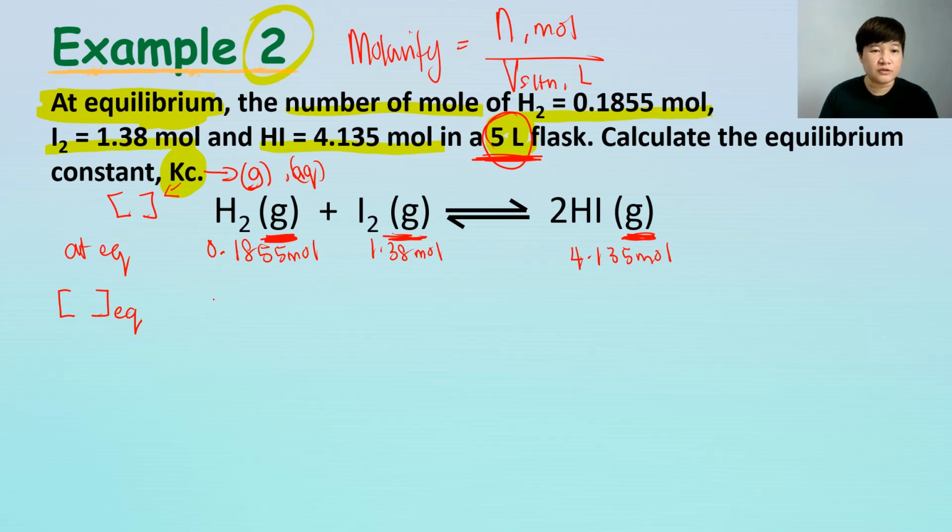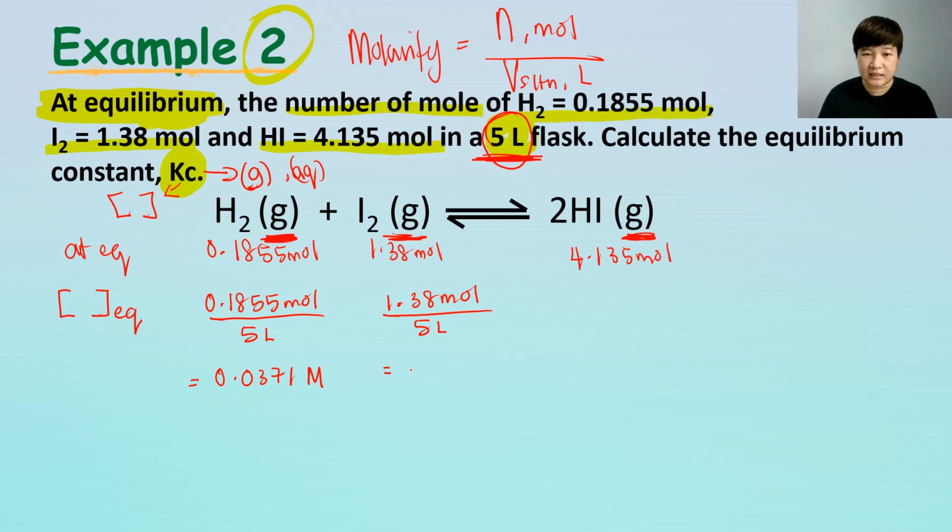So for H2, the concentration will be 0.1855 mole over 5 liter, which equals 0.0371 molar. For I2, it will be 1.38 mole over 5 liter. So for the I2, the concentration at equilibrium is 0.276 molar.